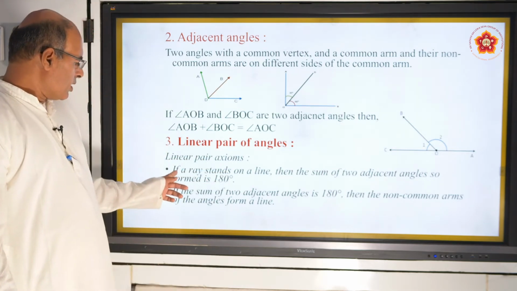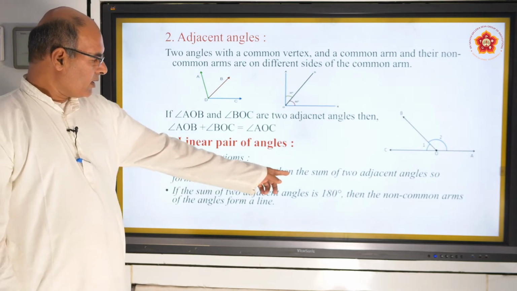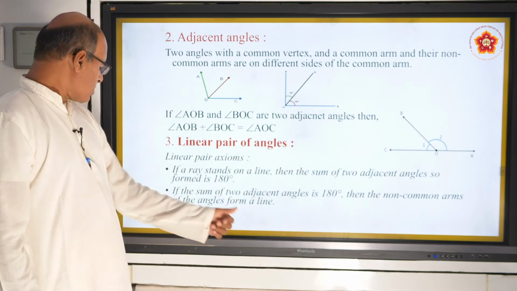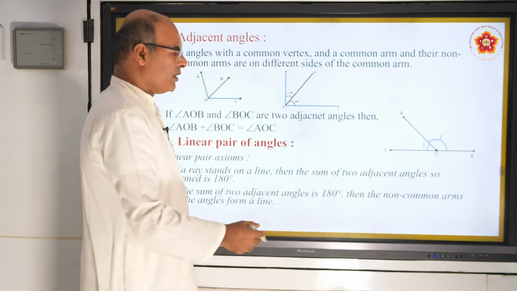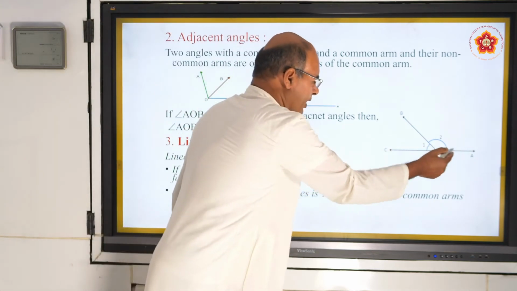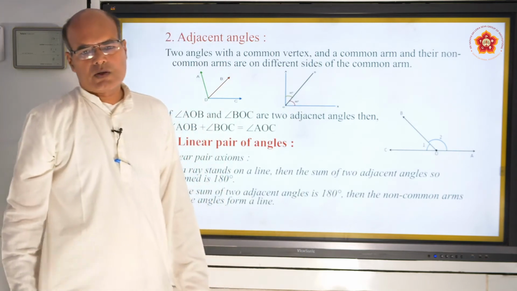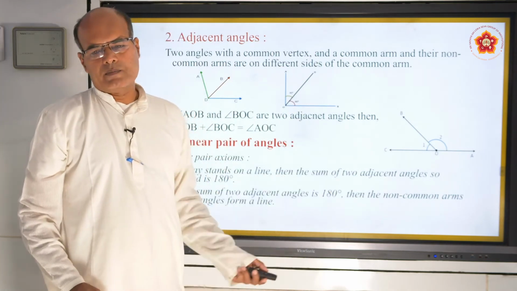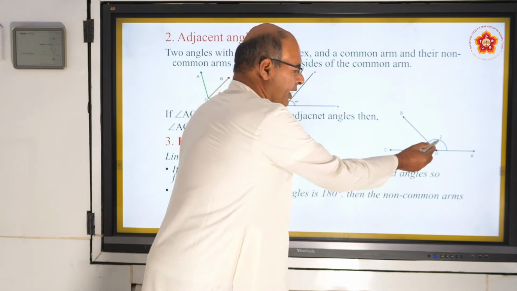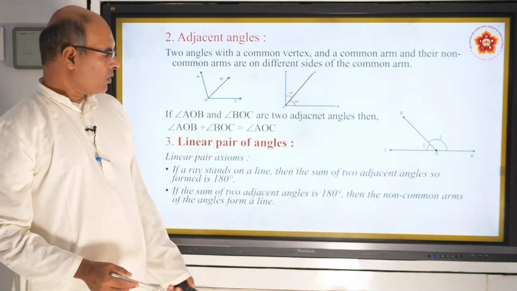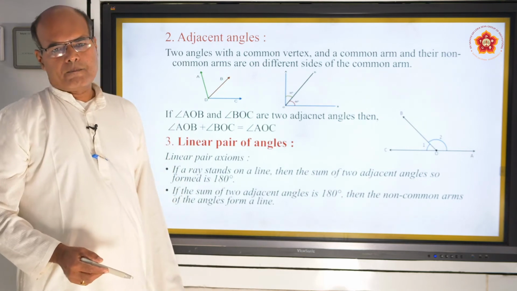The first states: if a ray stands on a line, then the sum of the two adjacent angles so formed is 180 degrees. In this picture, ray OB is standing on a straight line AC. So we have two adjacent angles, angle 1 and angle 2, and no doubt their sum is 180 degrees.